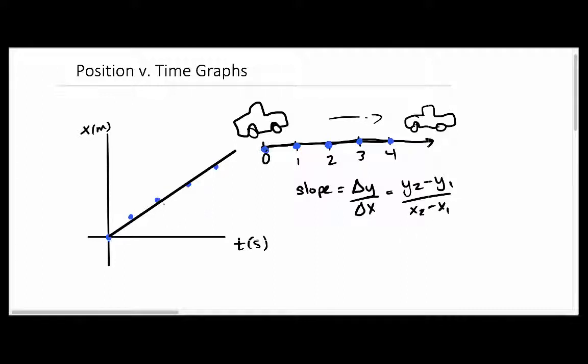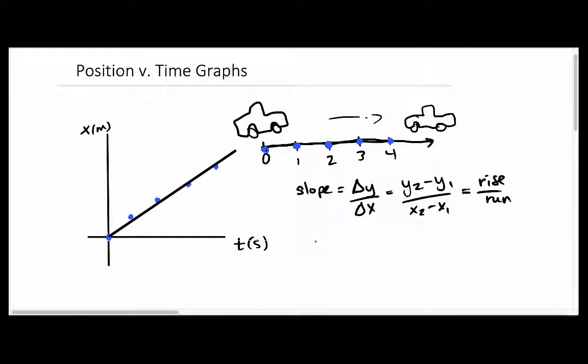So you found 2 points that fell on the line. Don't pick 2 dots. Pick 2 points that fall on the line. And then you figure out how much the y changed, how much the x changed. It's rise over run. And that gives you the slope of your line.